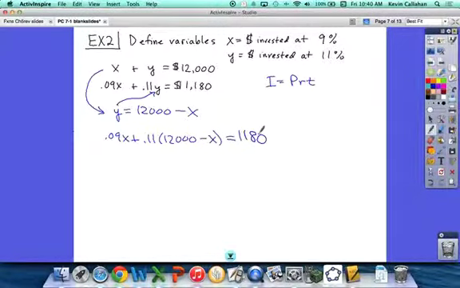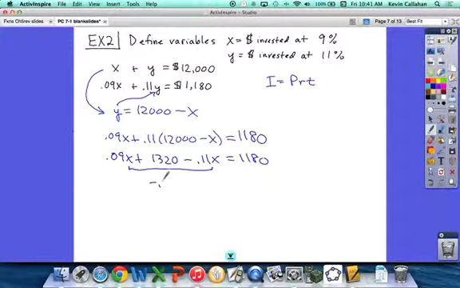Okay, solve. Right now we have one equation and one variable. 0.09x plus 12,000 times 0.11 is $1,320. Combine like terms.